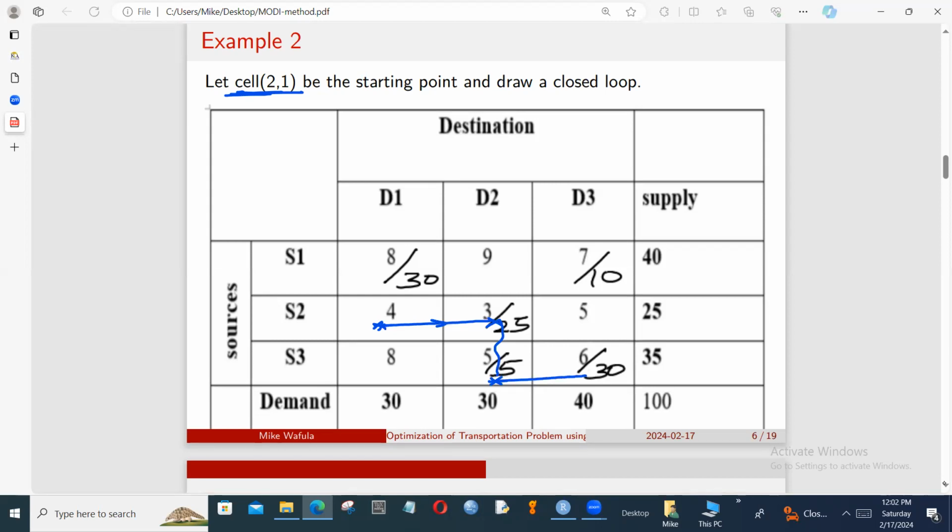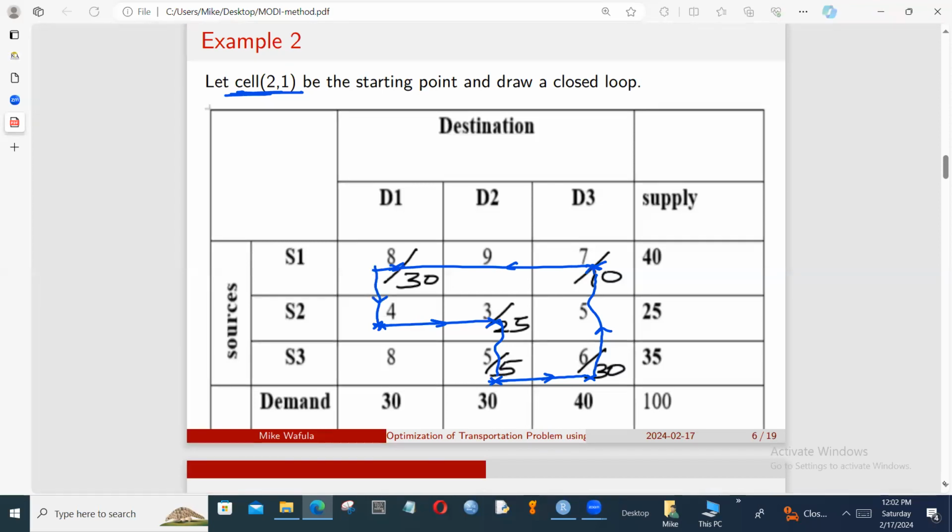Then I can make that horizontal move to cell 33, and I can make a straight vertical one all the way to this particular cell which has allocation. Then from here again, I go all the way to the other one which has allocation, and I'm able to turn now to the starting point.